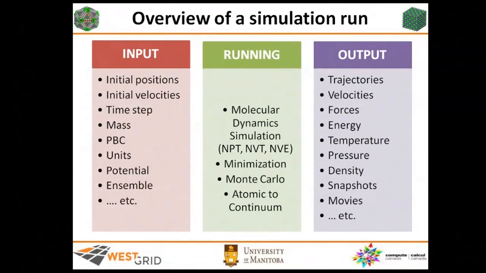And from the output, you have a choice. You can have the trajectory, which is the image of the system as a function of time, which means you have to record the position of each atom at different times. You can record the velocities, the forces, the energy as a function of time, the temperature, how the temperature changes as a function of time, the pressure, the density, the simulation box length.